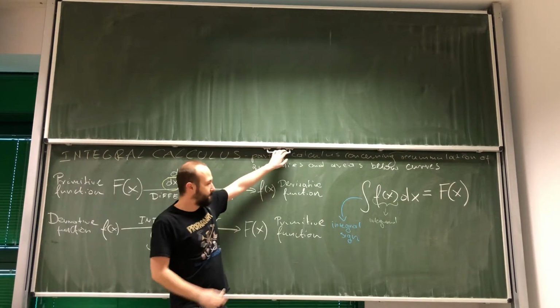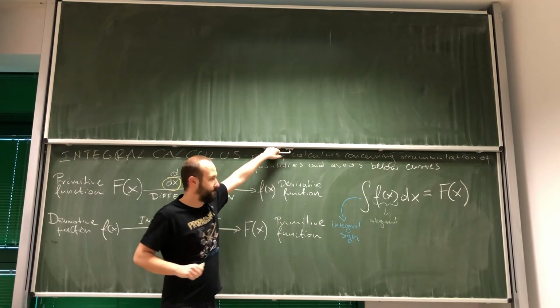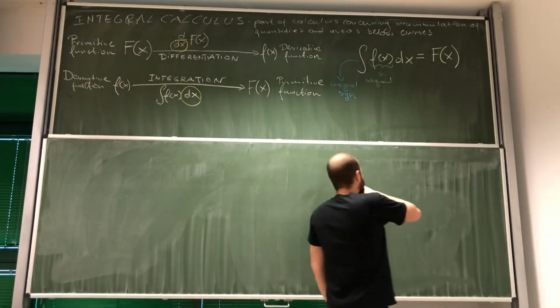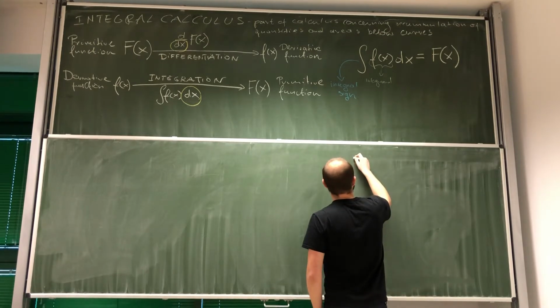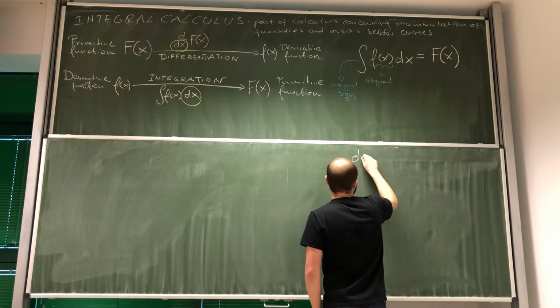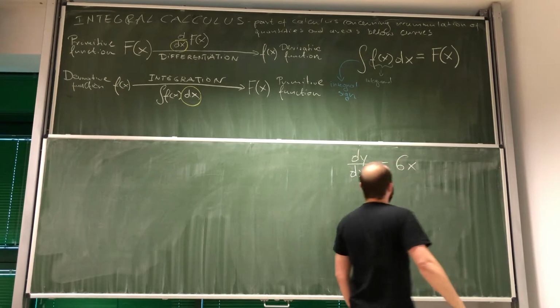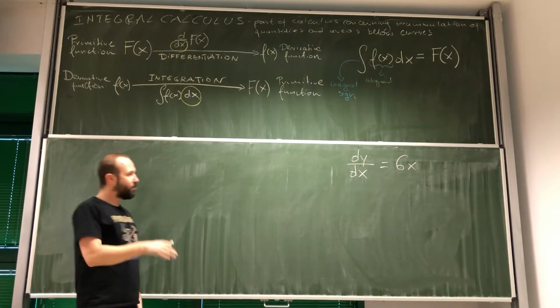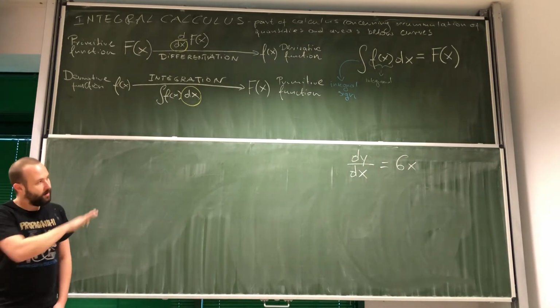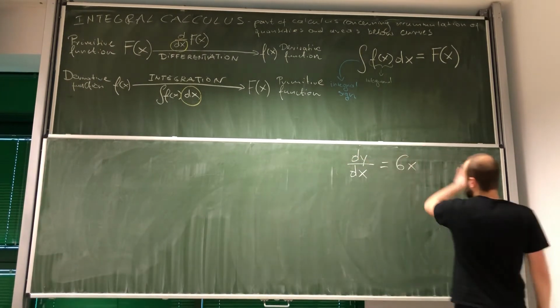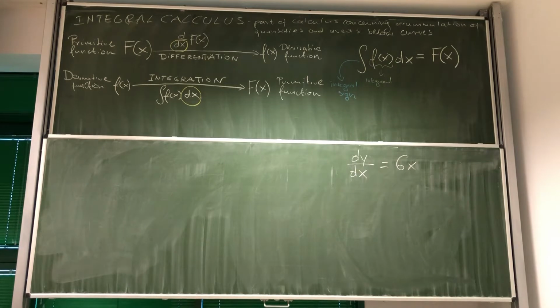But once we are getting to this point, right away, something should be mentioned. Okay, let's say that you've got a derivative dy dx that is equal to 6x. Now my question is, what function has given us this derivative?